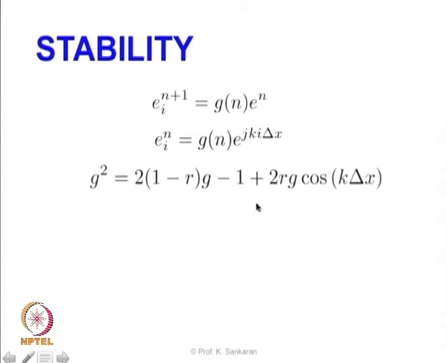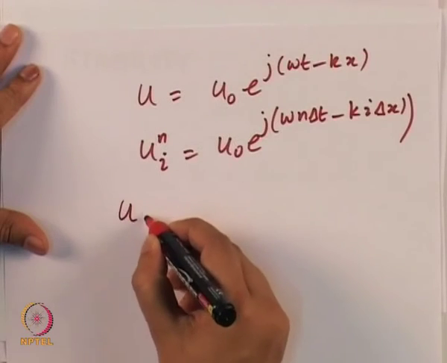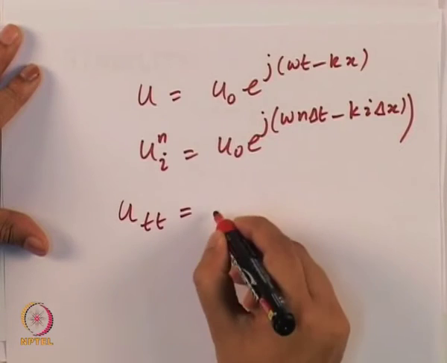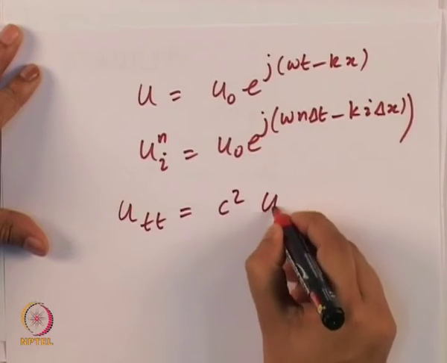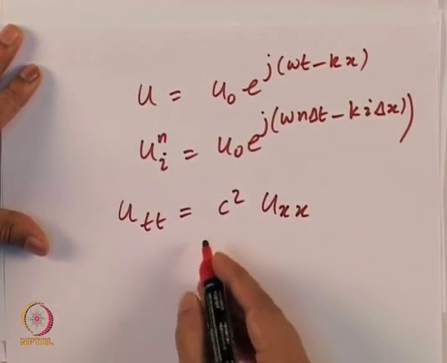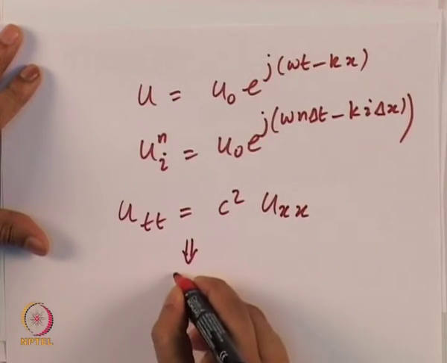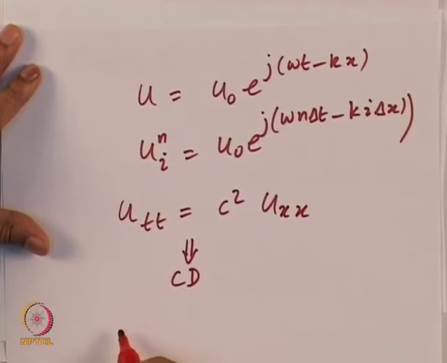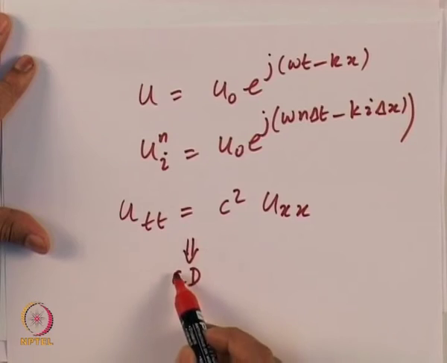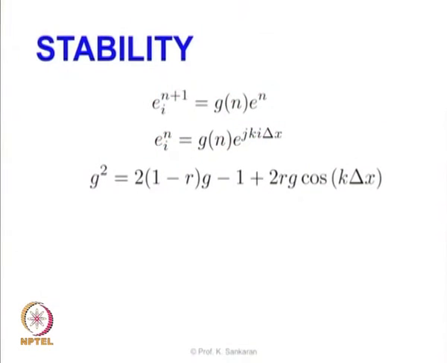Here, this particular expression is only valid for the case where our problem is defined by this partial differential equation, and we are discretizing this by the central differencing method. If we finite difference it using some other method, this expression will change accordingly.